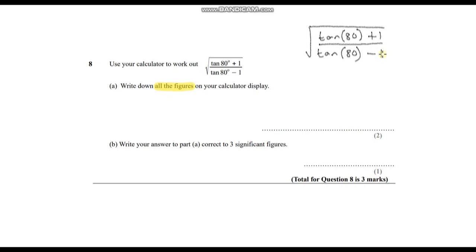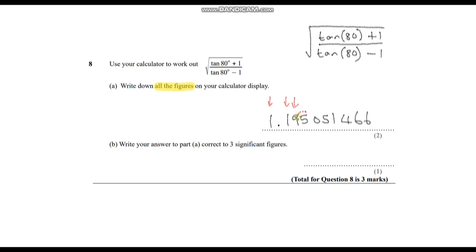And we're going to write down all of the figures on the calculator display. So it's 1.195051.466. Write your answer to part A correct to 3 significant figures. So this is our first significant figure, this is our second significant figure, this is our third significant figure.